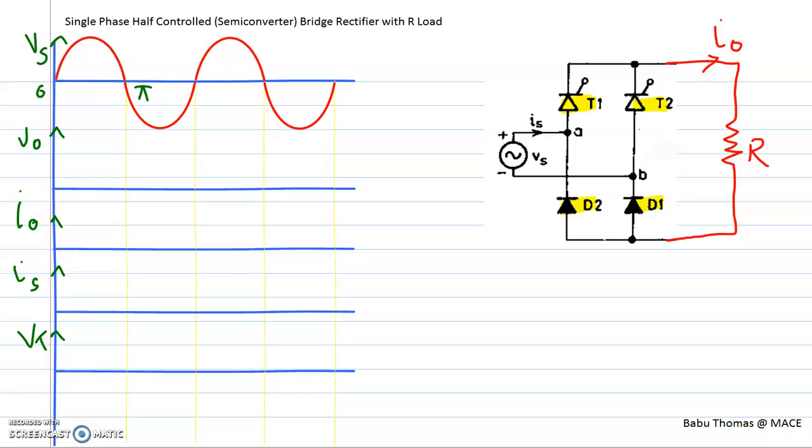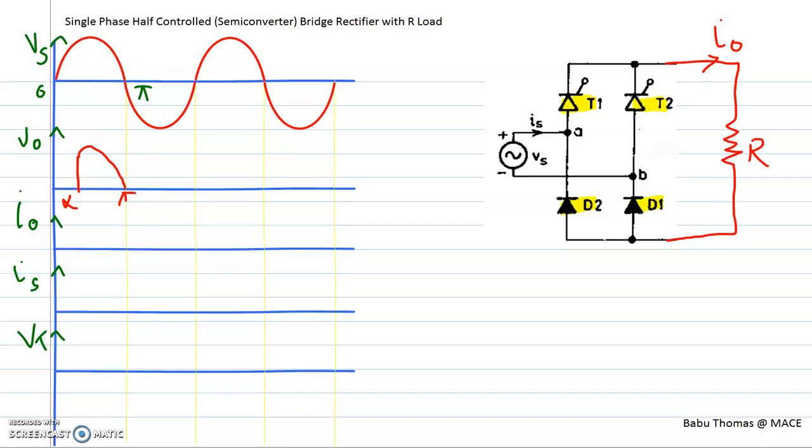Now just imagine that I am going to fire my thyristor at an angle alpha. That is, T1 is being triggered at the angle alpha. So this is marked as your alpha. Then the entire source voltage will appear across the load, and therefore I can plot the output voltage waveform like this from alpha to pi.